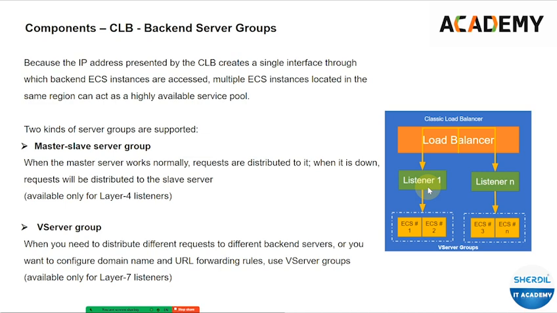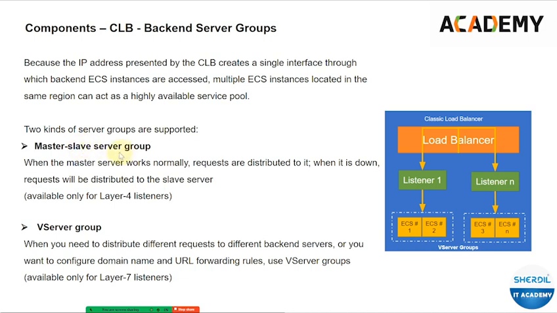Now let's talk about the second one. Because the IP address presented by the CLB creates a single interface to the backend, 2 server groups are supported. Number 1, the master slave server group. Second, the vServer group.